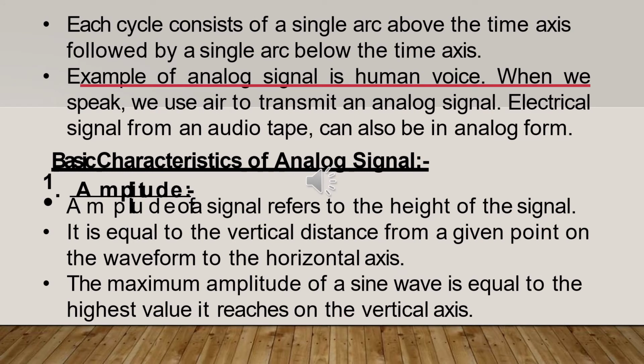Each cycle consists of a single arc above the time axis followed by a single arc below the time axis. An example of an analog signal is the human voice.